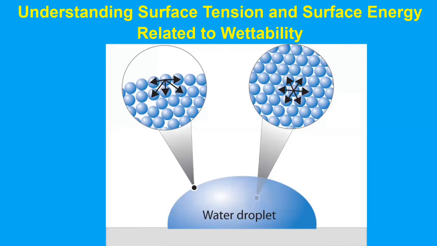Remember, if the surface tension of the liquids or inks you are using in your press rooms is higher than the surface energy of the substrates, it will cause beads on the substrate surface, resulting in uneven coating.